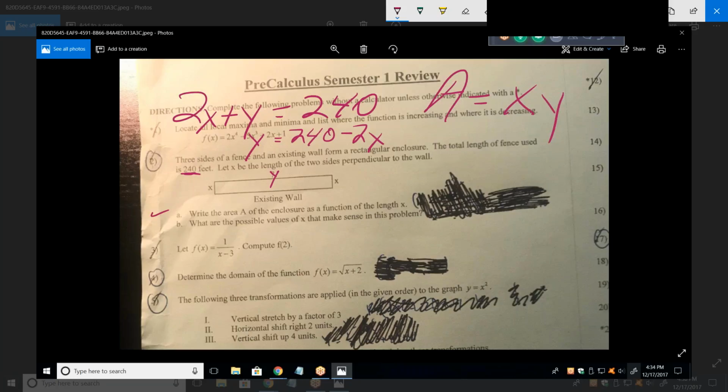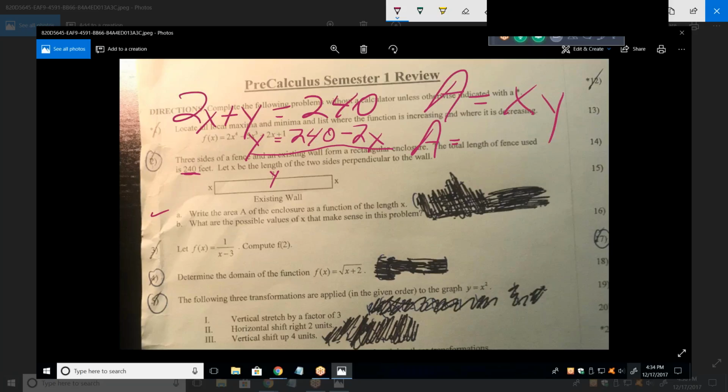So anyway, if I can label y as a function of x, then I can substitute it over here. So what's area become? I'm sorry, what'd you say? What does area become? Area was x times y.